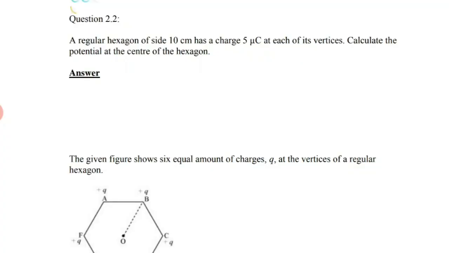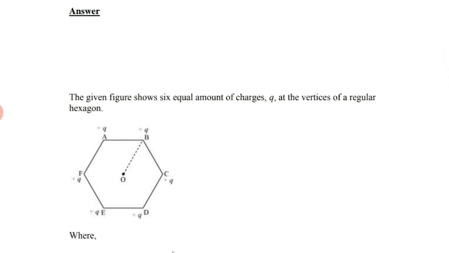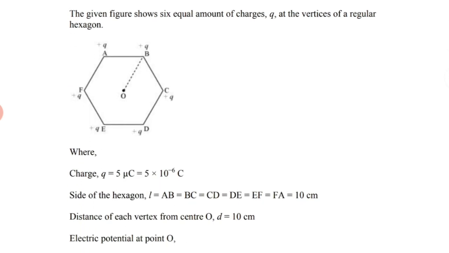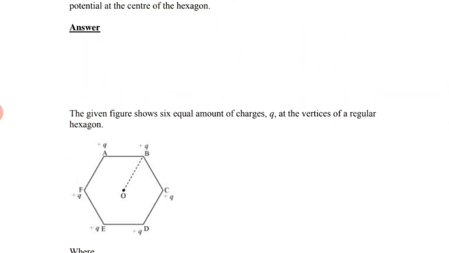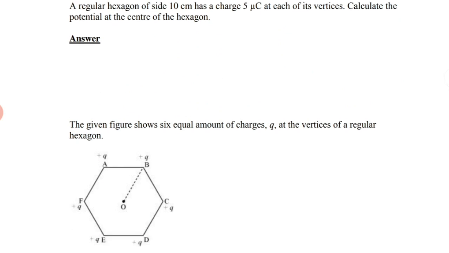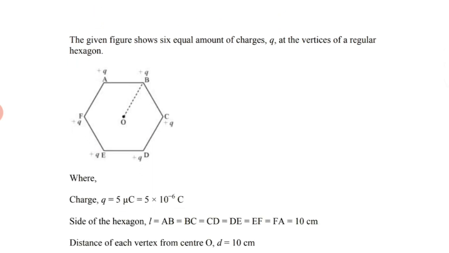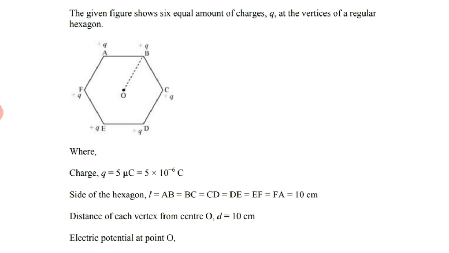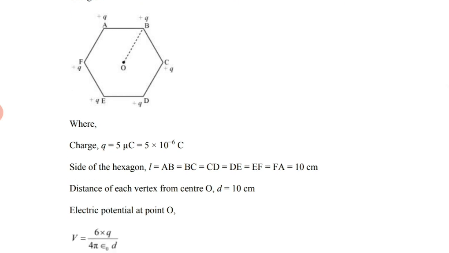Now coming to the second question: a regular hexagon of side 10 centimeter has a charge 5 microcoulomb at each of its vertices. Calculate the potential at the center of the hexagon. Regular hexagon means each side is the same. Side length is 10 centimeter and at each vertex a positive charge 5 microcoulomb is kept.